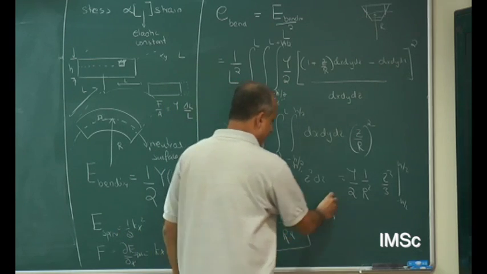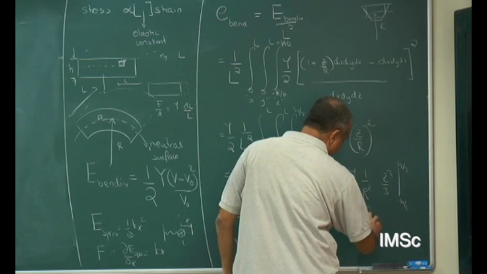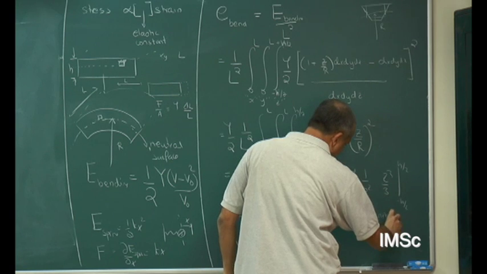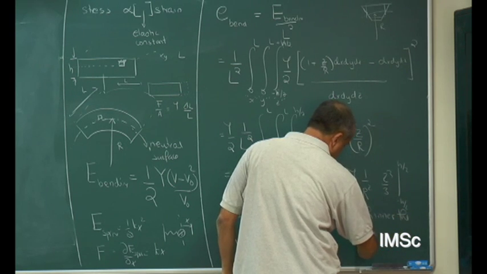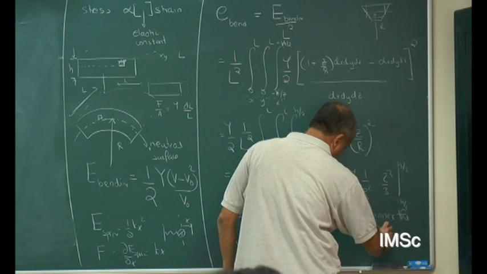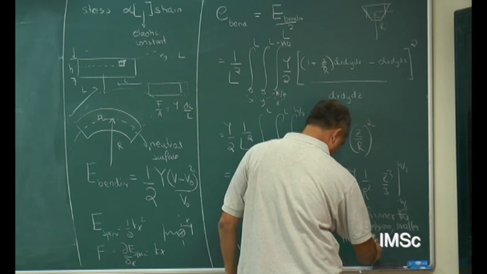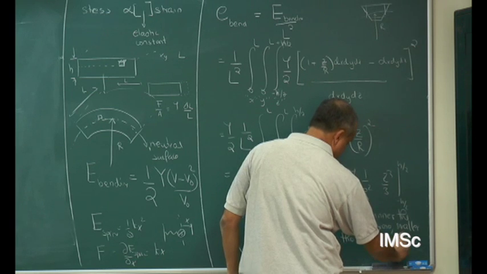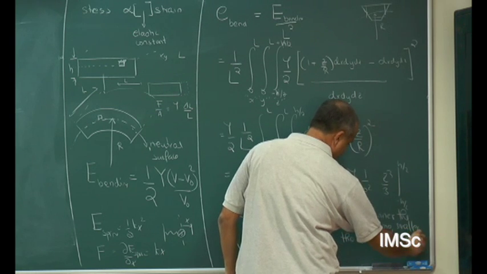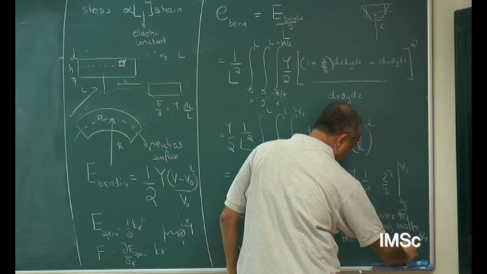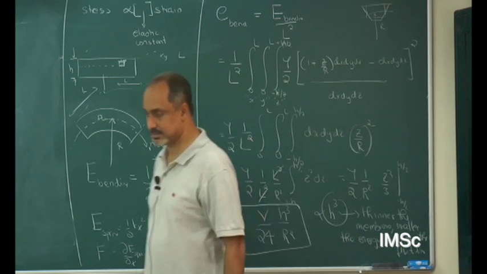So that's the important point about this. The thinner the membrane, the smaller the energy, which means that if I put it in a thermal environment, the fluctuation should be larger.